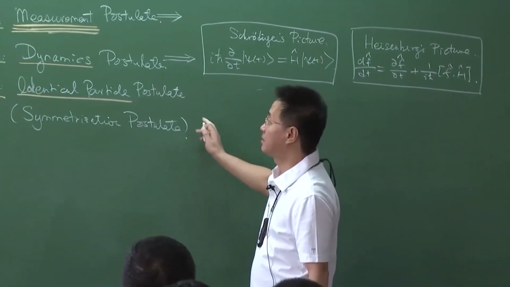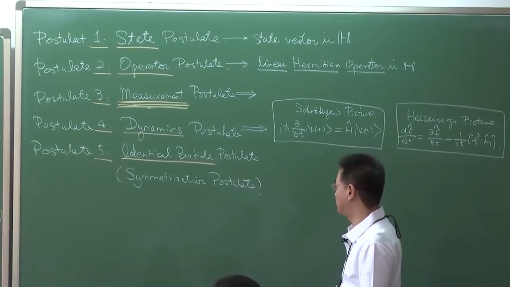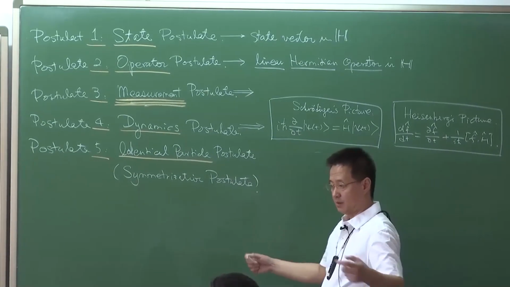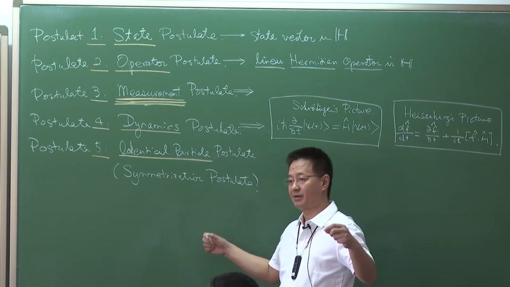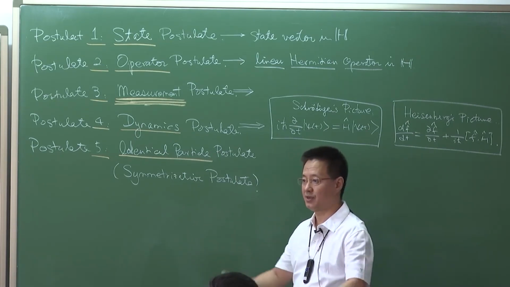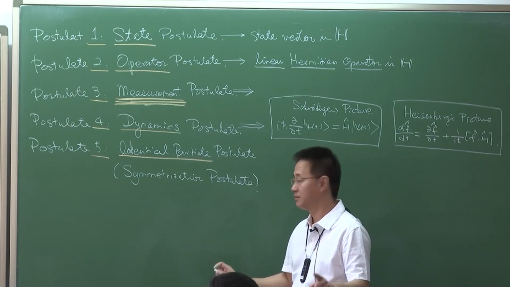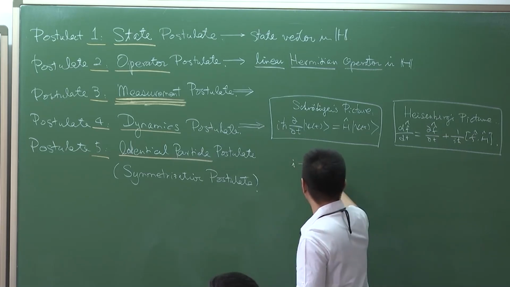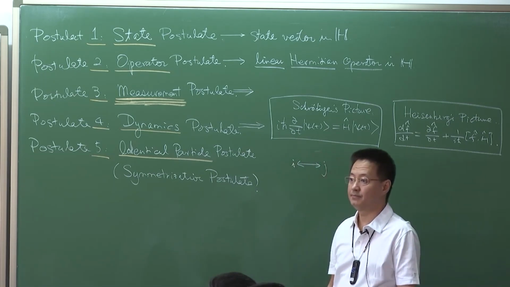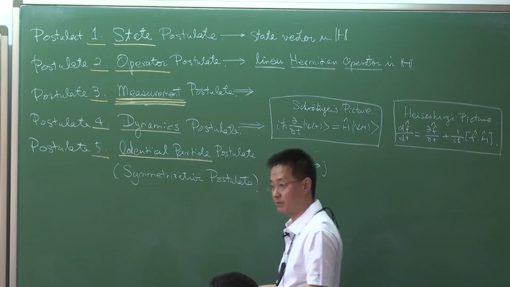And the last postulate is the identical particle postulate. The symmetrization postulate means that if you have an n-particle system and you change the positions of any two identical particles, particle I and particle J, the state will be kept invariant.